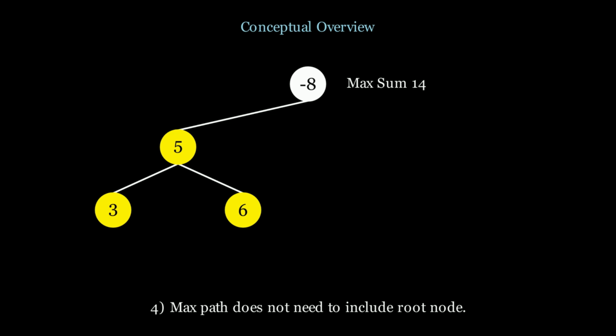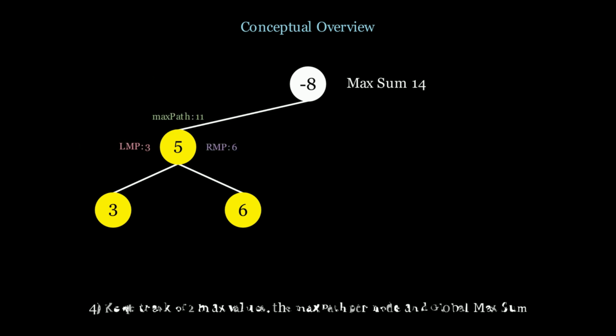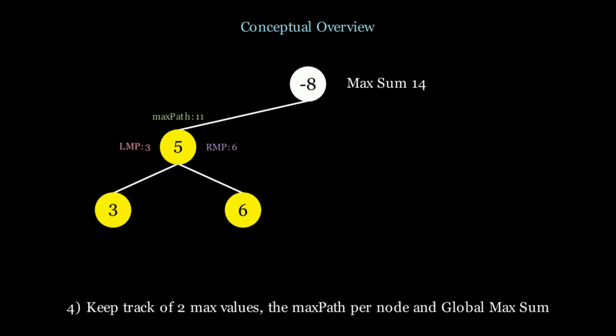And so what this means for us in the algorithm is that we're going to need to keep track of two maximum values. One of the maximum values is the max path at this current node, but we also need to keep track of a global maximum sum where we can consider the current node as if it were a root node. And we'll see how that looks in the real algorithm.